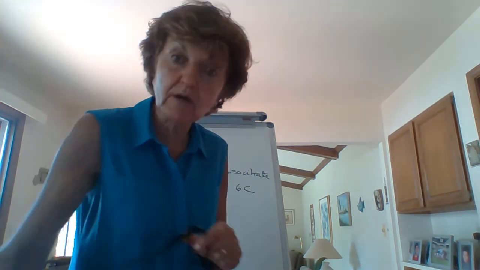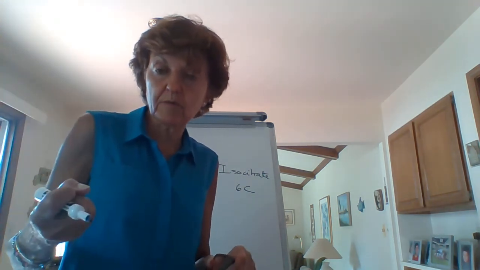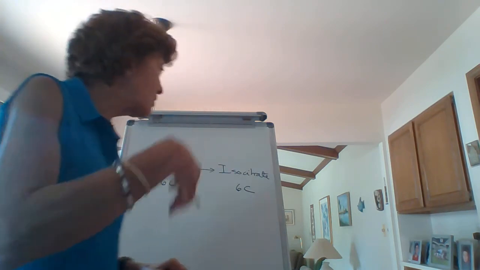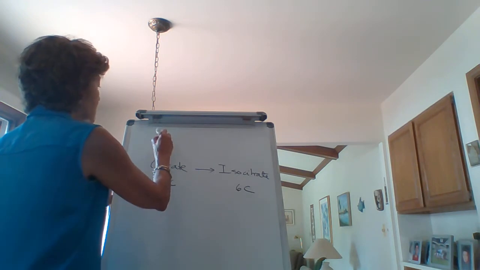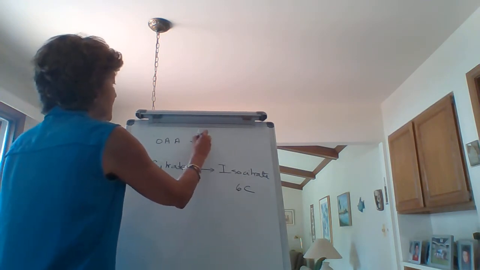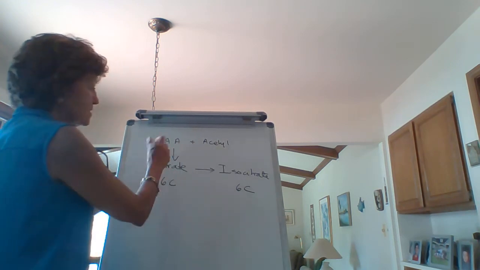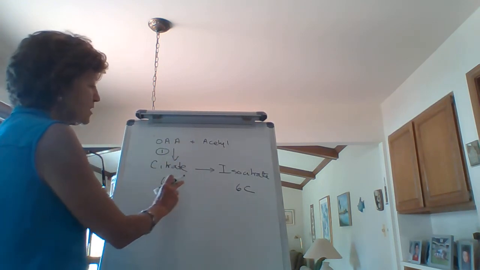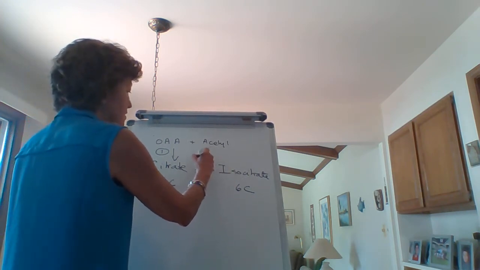What does a decarboxylation mean? It means you're removing a carboxyl group and it's going off as carbon dioxide. So the first reaction was oxaloacetate plus the acetyl to give you citrate. Second reaction, you're isomerizing citrate into isocitrate.